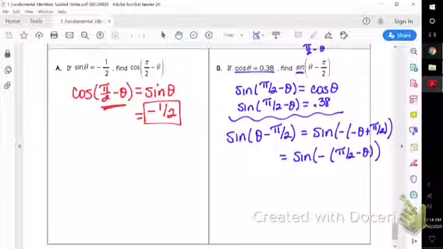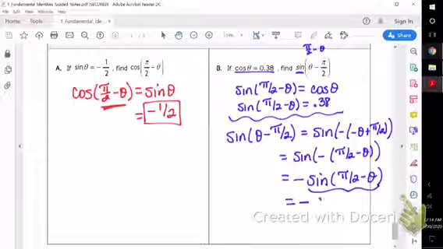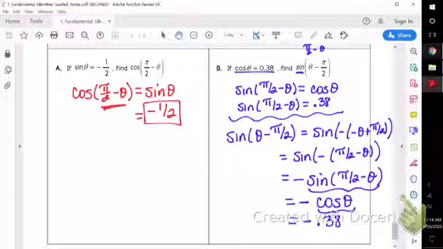But remember, sine of a negative angle is equal to the negative sine of that angle. And so now we've got a negative, but we said this was equal to that cosine of theta, didn't we? And so we got negative, and cosine of theta was 0.38. So there would be our solution.